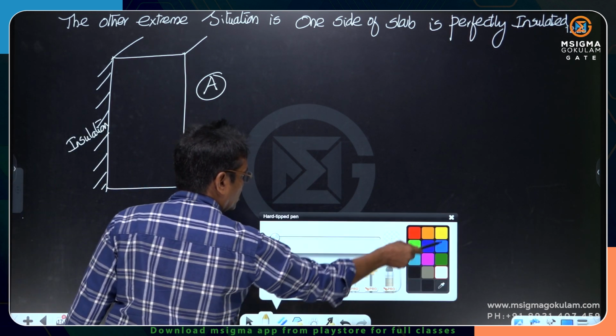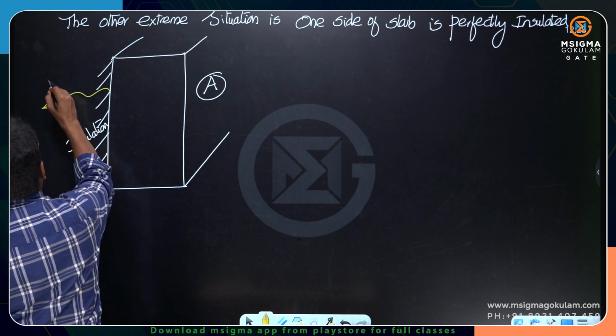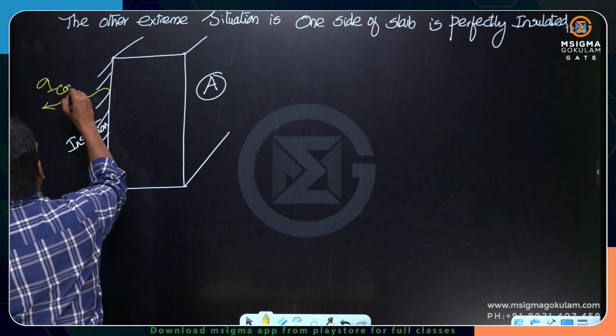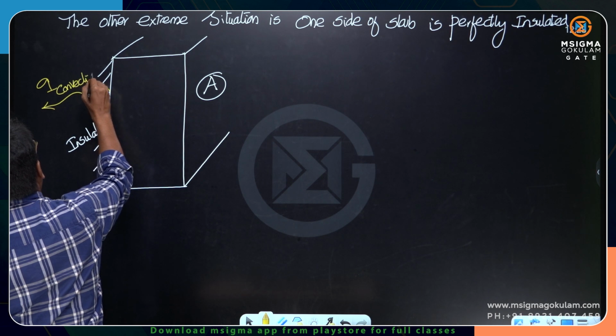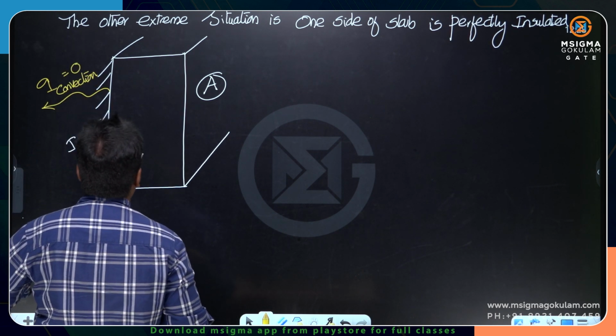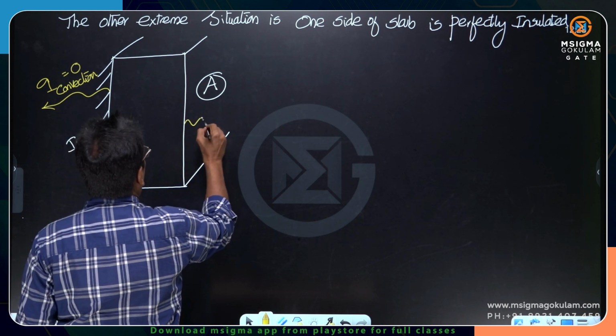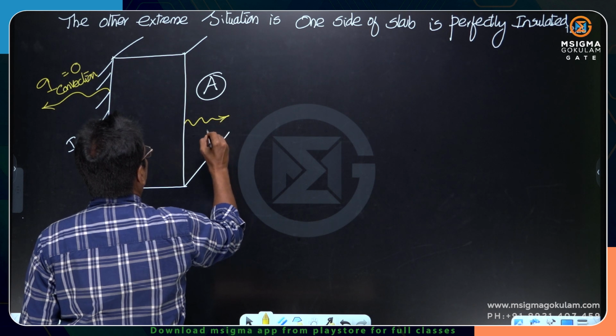Because it is perfectly insulated, Q convection on this side is 0. So all the heat generated must be convected from the other side only.